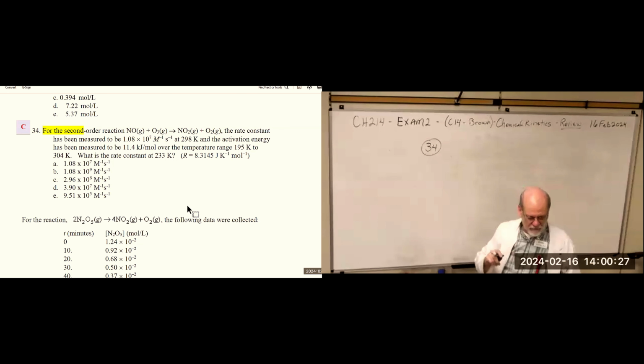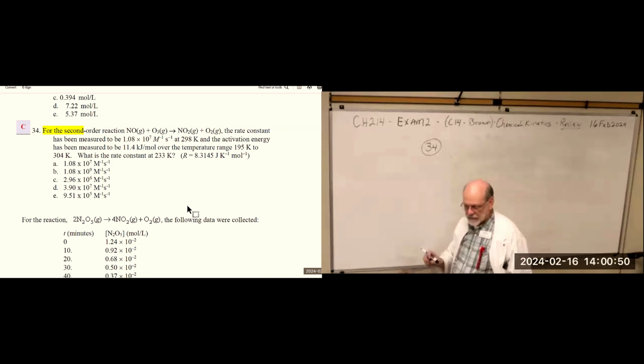Okay. For the second order reaction, nitric oxide plus ozone yields NO2 plus O2. The rate constant has been measured to be 1.08 times 10 to the 7th at 298, and the activation energy has been measured to be 11.4 kilojoules over this temperature range. What's the rate constant at 233? Okay.